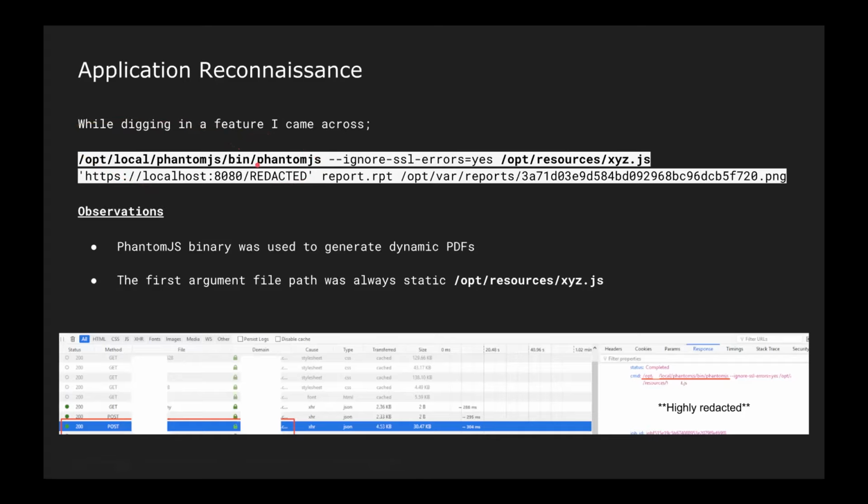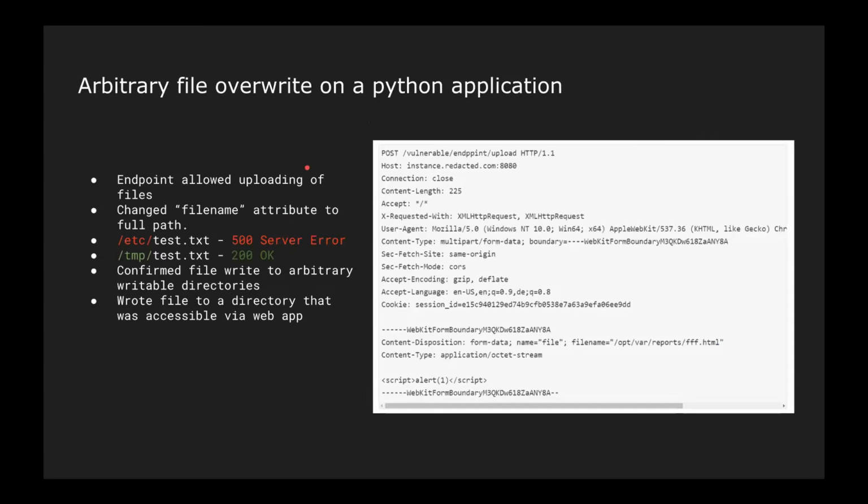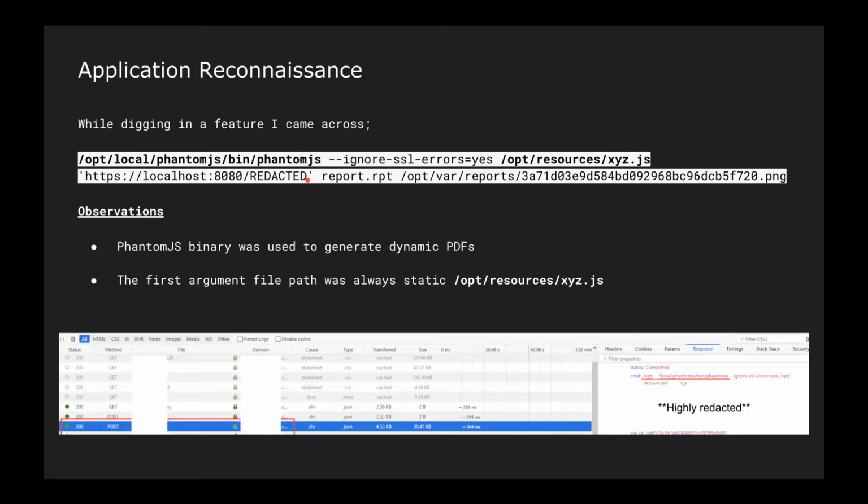Theoretically it should work, because now when I make a request to generate a new PDF, it will execute phantom JS with my code within that, and that way I could get an RCE. But the problem was the file uploaded using this endpoint won't have an executable flag, and Linux requires an executable flag on the file we are executing.